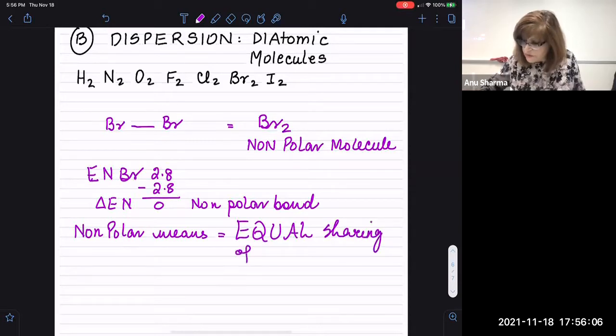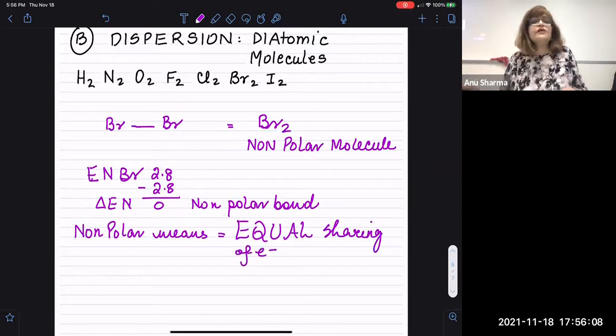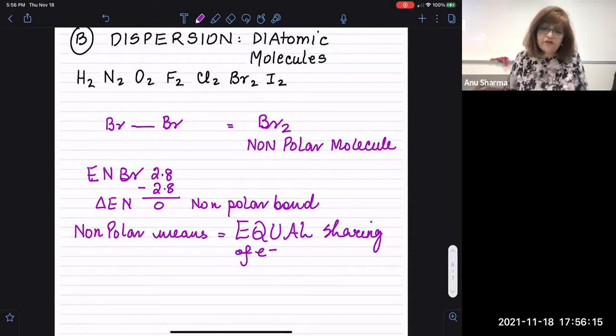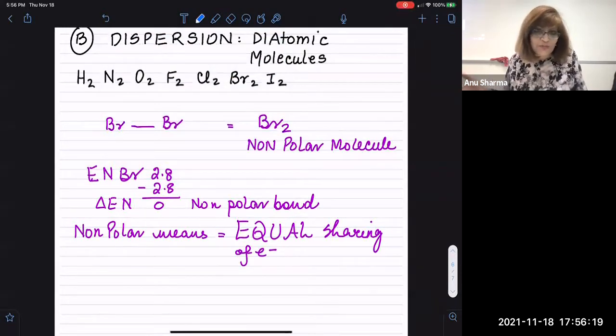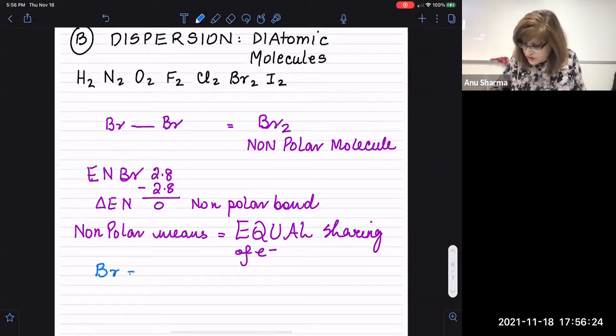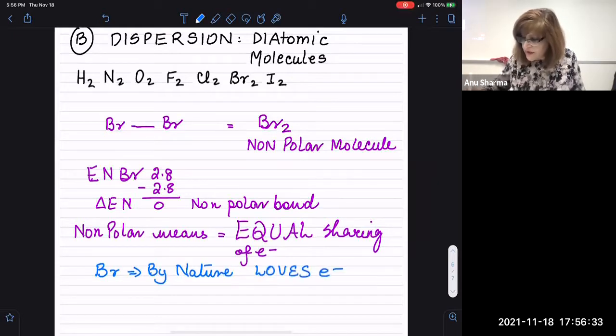But in reality, does this happen in real life? No, bromine will show its true colors to its own brother. Bromine by nature loves electrons. Its electronegativity is very high.